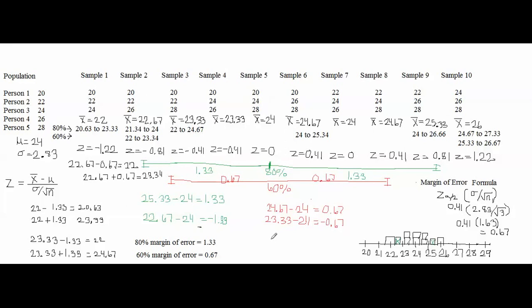And when you see the formula for a confidence interval in the textbook, you'll often see it'll look something like this. It'll be x bar, which is the sample mean, plus or minus what we have here, which is the margin of error.